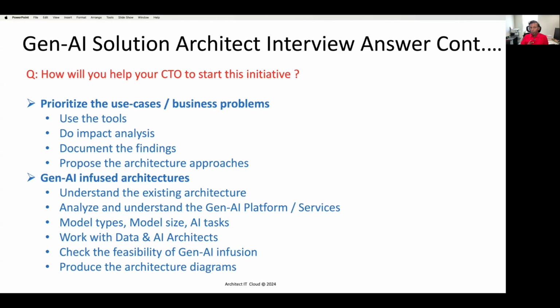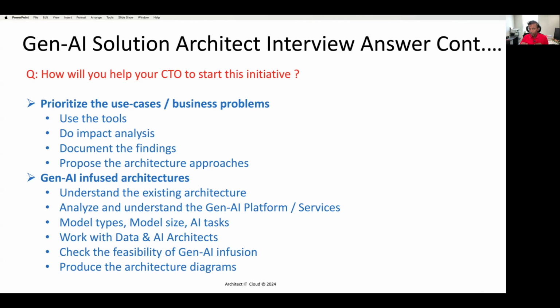And also, you must work with the AI architect, who has data scientists in the team, who have the ability to do the training of the model and prompting of the model. So, as a solution architect, you must work with data architects and the AI architect so that you can produce a clean architecture for your organization to infuse generative AI. And the next thing is, check the feasibility of generative AI infusion. Some organizations may not have all the existing capabilities to infuse generative AI.